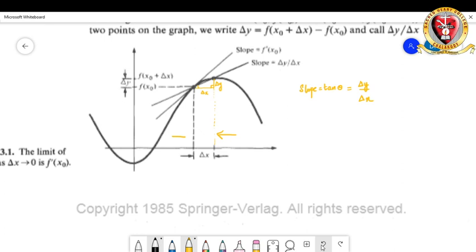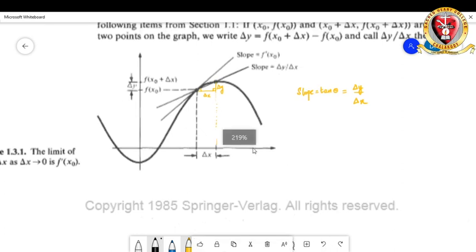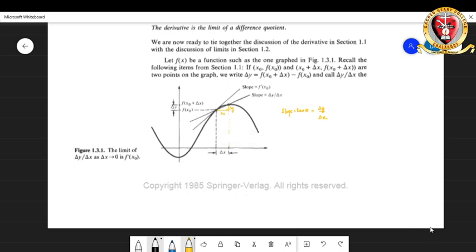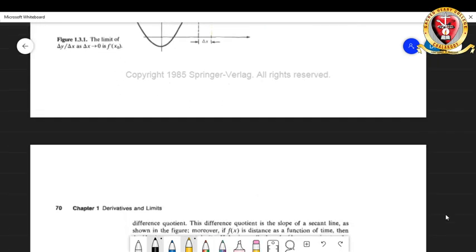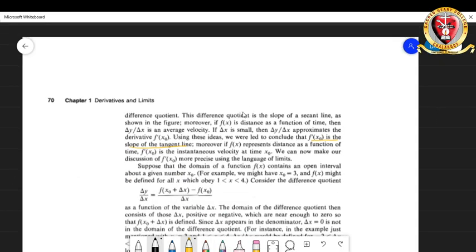So there is an observation which we get there, which is that when delta x is small, the delta y by delta x will be the slope of the tangent line itself.